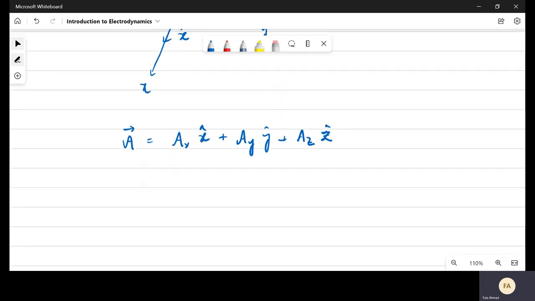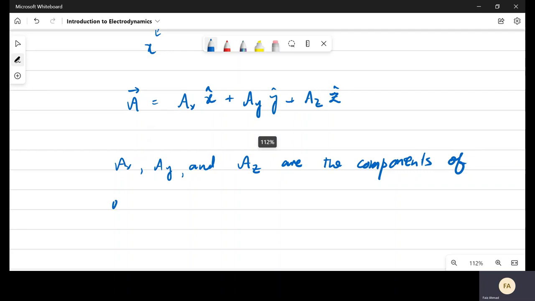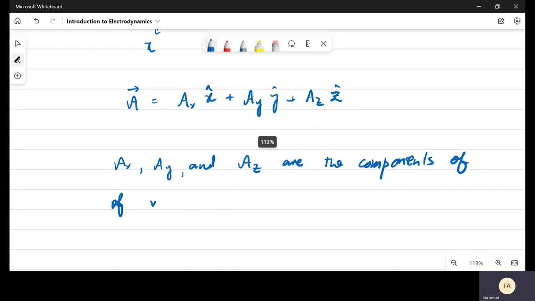We say ax, ay and az are the components of vector a.